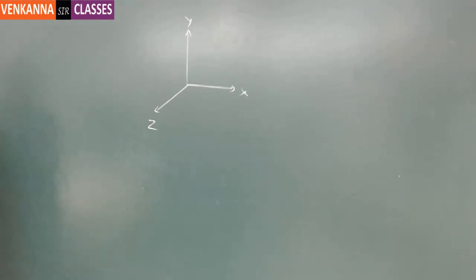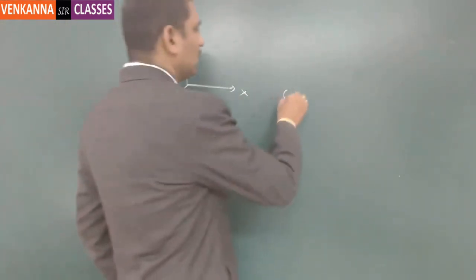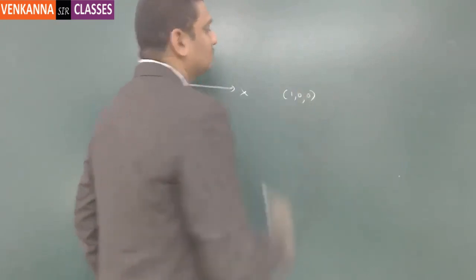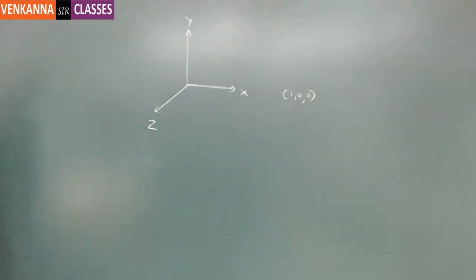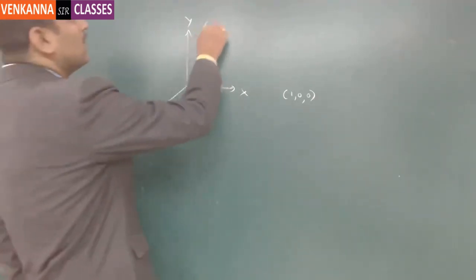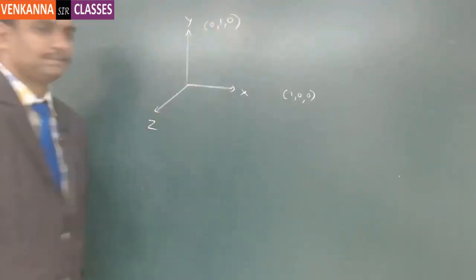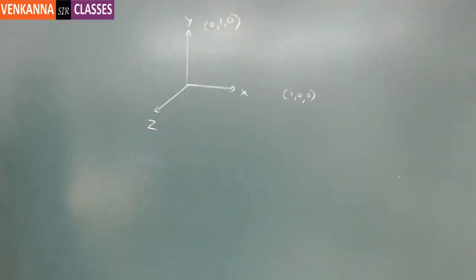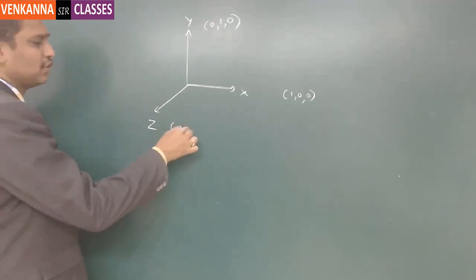Now, x-axis, the unit vector of it is nothing but 1, 0, 0. Accepted? Agreed or not agreed? The unit vector of x-axis. So for y-axis, it is nothing but 0, 1, 0. And for z-axis, it is nothing but 0, 0, 1.